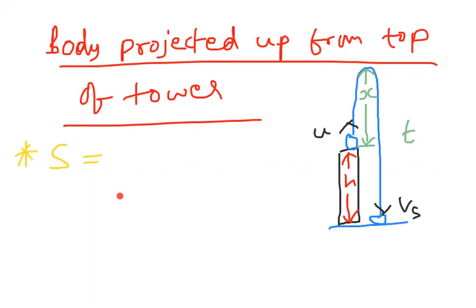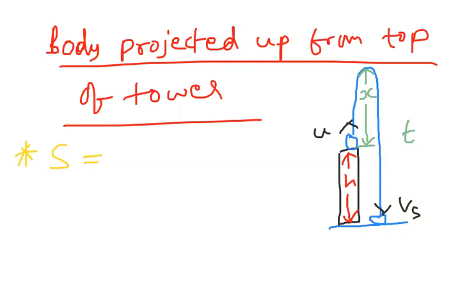We start our journey from here, go up a displacement of x, again come down x, then down h. As displacement is a vector quantity, the initial direction in which you move is positive and the later direction you have to take as negative.